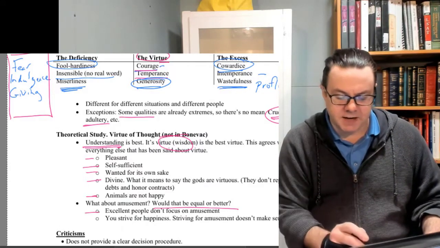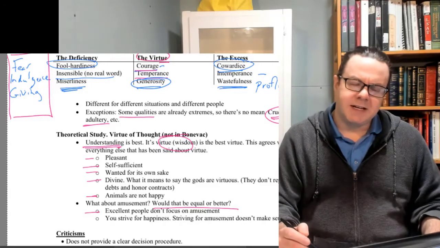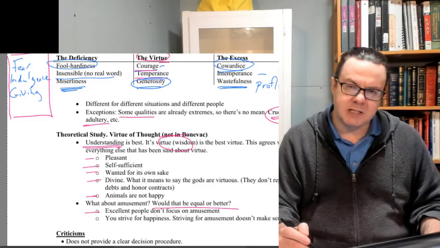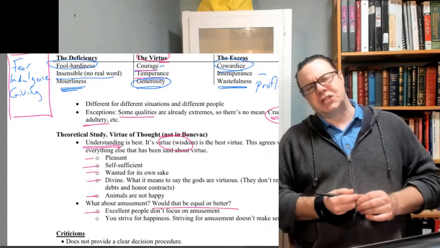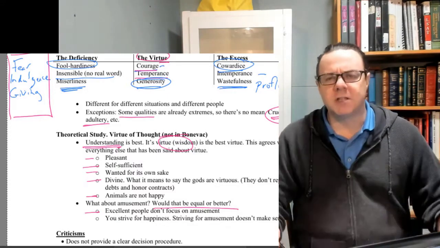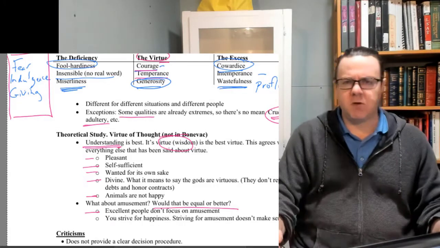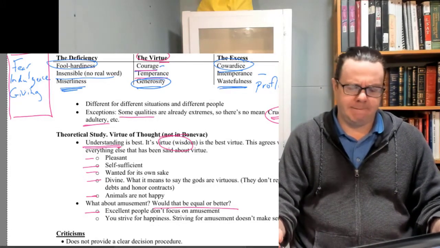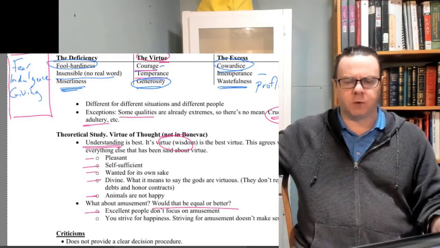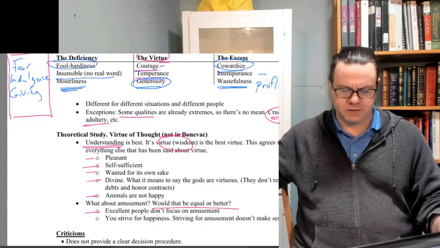First, he says it's kind of a silly person who focuses their life on amusement all the time. The people we esteem the most don't seem to be focused on amusing themselves all the time. So that can't be equal to these other virtues that we're talking about.